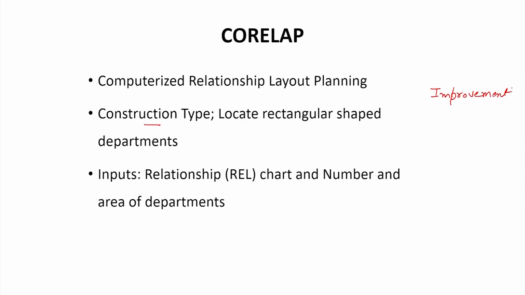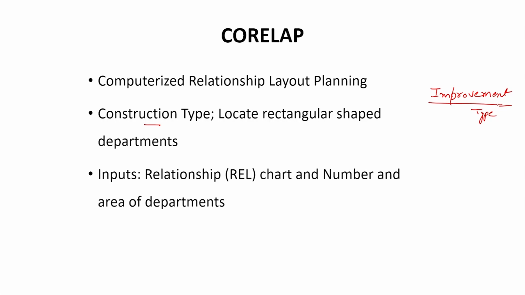In the construction type, from the relationship diagram we construct the layout, whereas in the improvement type we have to feed one layout, maybe at random, and then it will automatically rearrange these departments and compare with the previous one. If it is better than the previous one, it will retain that, then it will generate more alternatives and keep on improving. Whereas in the construction type, it uses the heuristic to construct a good layout in the first stage itself.